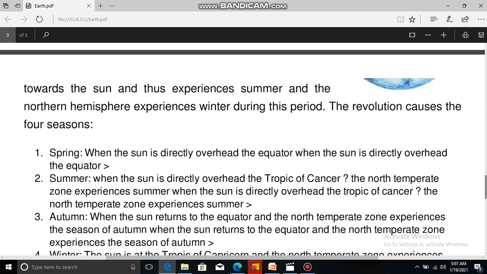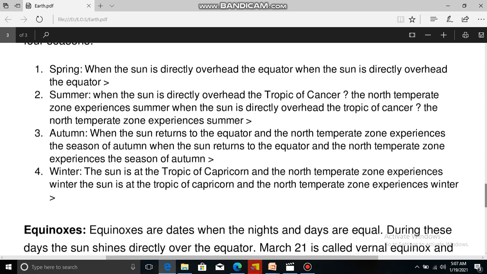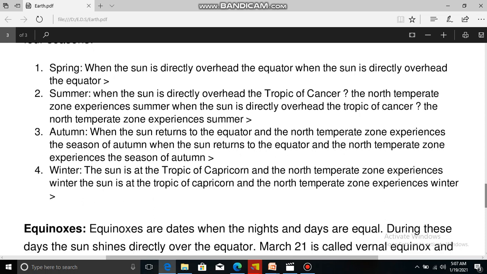During this period, revolution causes the four seasons. Spring: when the Sun is directly overhead the equator. Summer: the northern temperate zone experiences summer when the Sun is directly overhead the Tropic of Cancer.